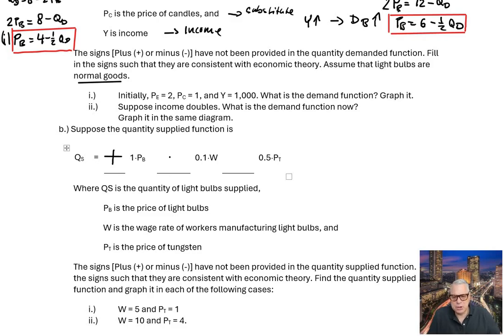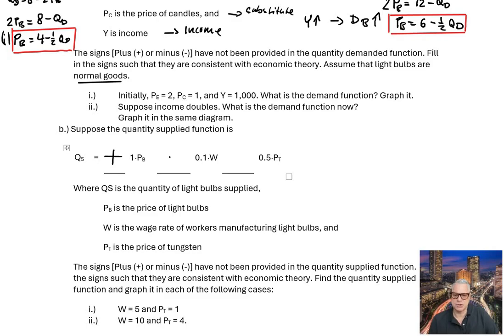Okay, so W, that is the wage rate that the workers get. So that is a cost factor. So if, let's say, the unions have successfully negotiated a higher wage rate, that means the production costs become more expensive, and we know when the production becomes more expensive, the supply curve shifts to the left.